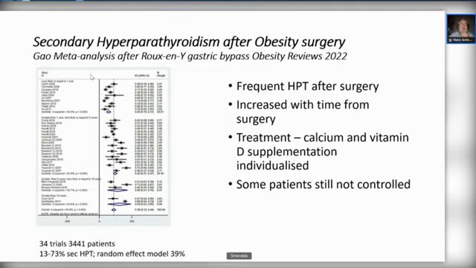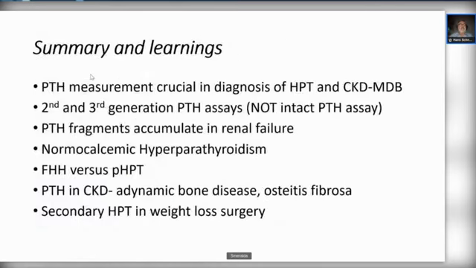These are 34 trials of 3,500 patients that show there's probably about a 40% frequency of hyperparathyroidism after surgery. The treatment has to be with calcium and vitamin D supplementation that needs to be individualized, with some patients still not controlled. So the last slide gives you the summary and some of the learnings.